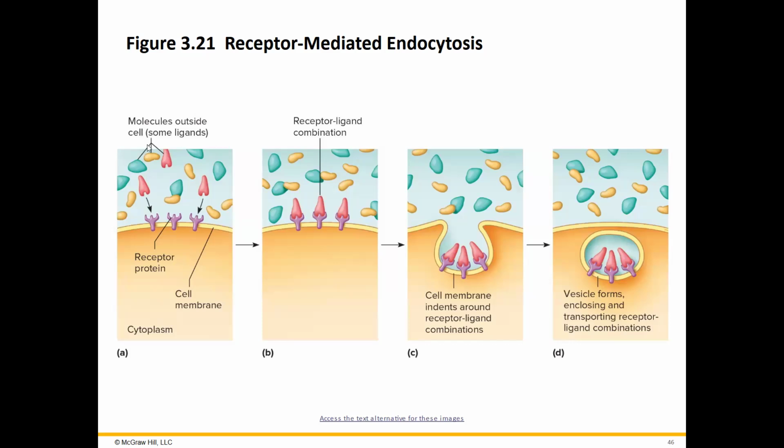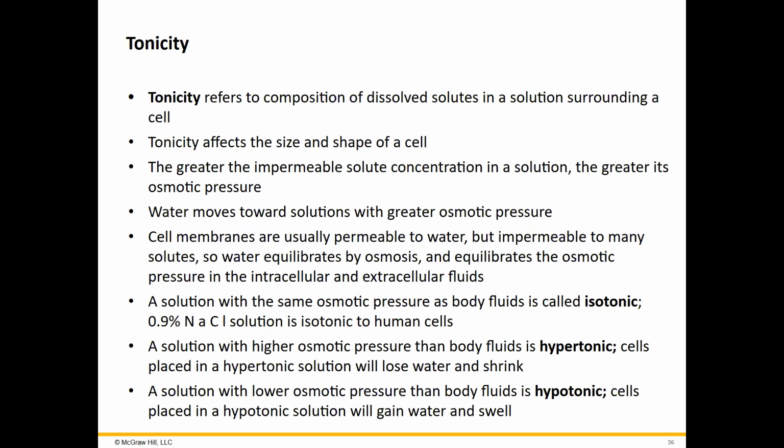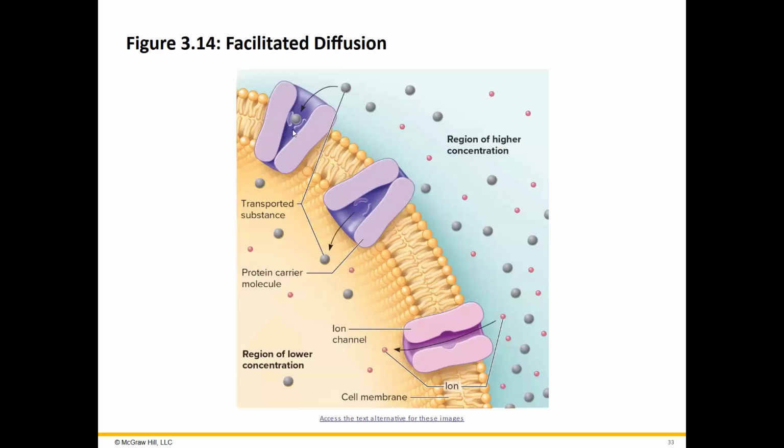Receptor-mediated endocytosis. So this is when there are special receptors on the cell membrane specifically built to match the exact shape of the substance they're trying to pull in. So remember that facilitated diffusion example where there was that circle that bonded exactly to the protein shape right here?